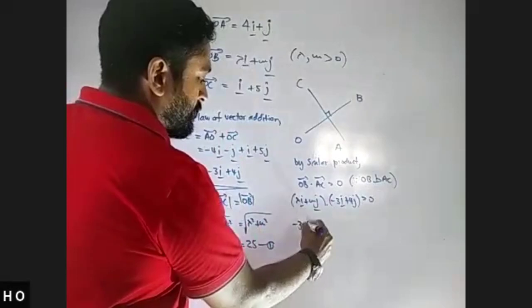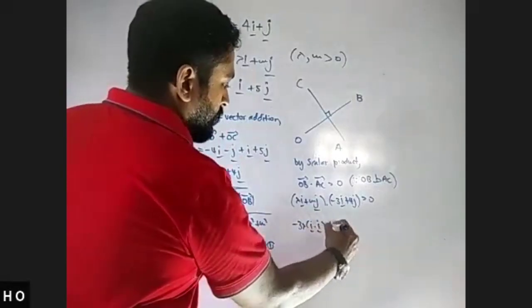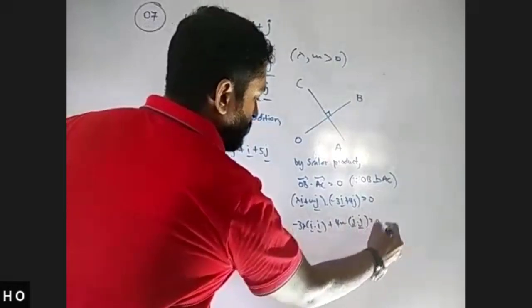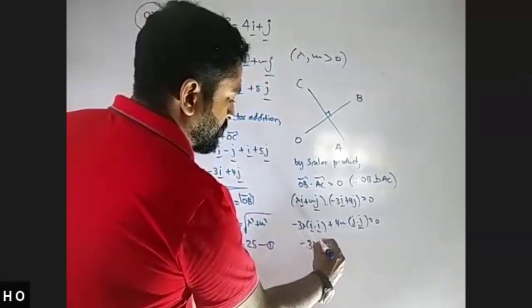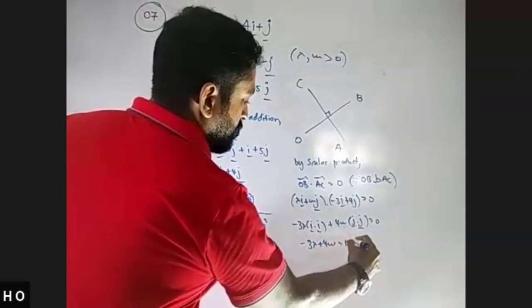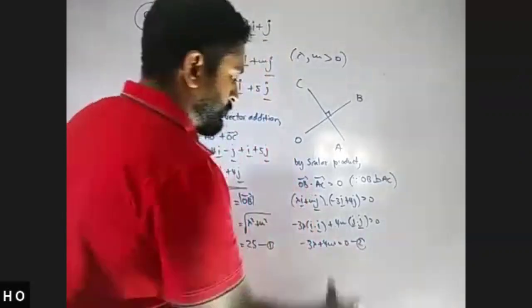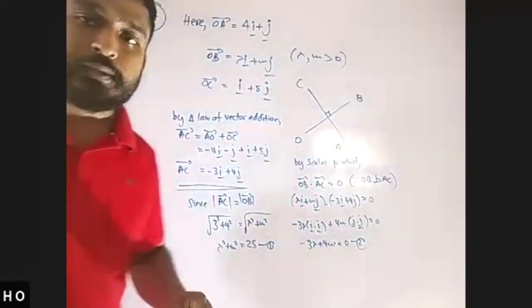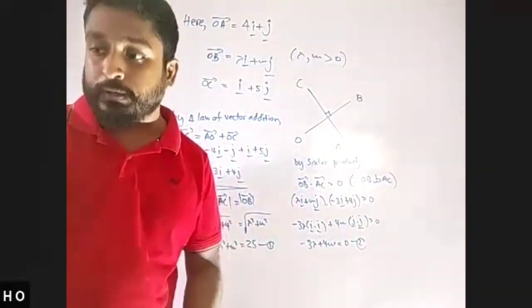So minus 3 lambda i dot i plus 4 mu j dot j is 0. So minus 3 lambda plus 4 mu is 0. Equation 2. Now it is pure math. Solve 1 and 2 simultaneously.